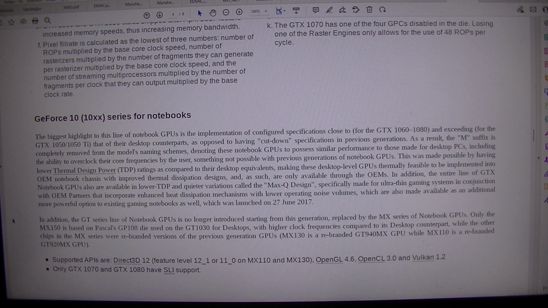MX130 is a rebranded GT 940MX GPU, while MX110 is a rebranded GT 920MX GPU. Supported APIs are Direct3D 12, Feature Level 12_1 or 11_0 on MX110 and MX130, OpenGL 4.6, OpenCL 3.0 and Vulkan 1.2. Only GTX 1070 and GTX 1080 have SLI support.